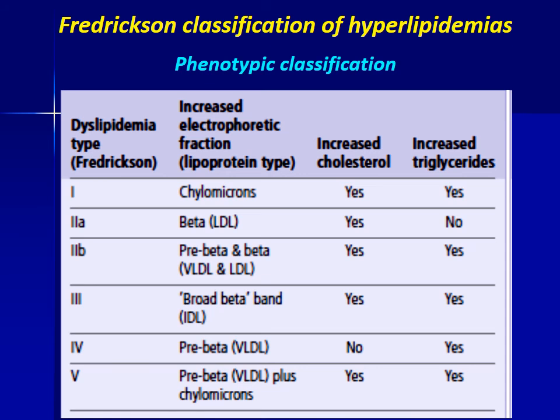There is an increase in triglyceride, but there's no increase in cholesterol level. Type 5, the increased electrophoretic fractions are VLDL and chylomicrons. Both cholesterol and triglycerides are increased.